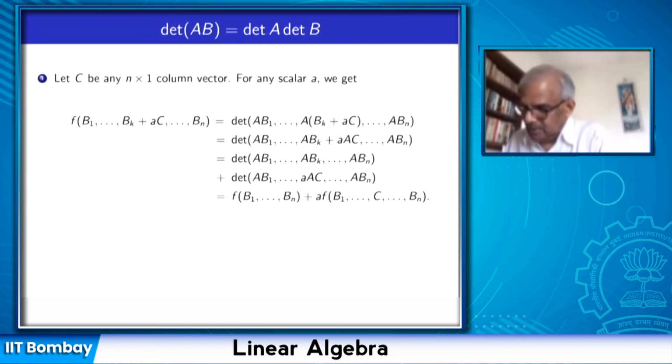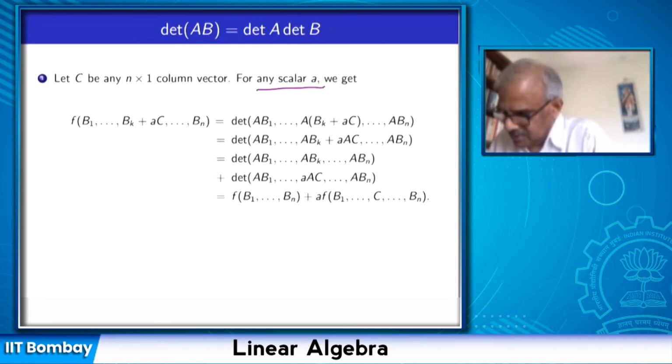Now I will prove the multilinear property. Suppose C is an n by 1 column vector and take any scalar a, and the kth column is Bk plus aC. I could have taken alpha Bk plus beta C, but the proof is the same.